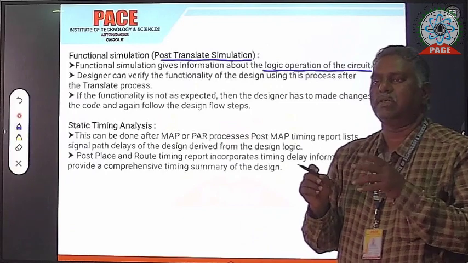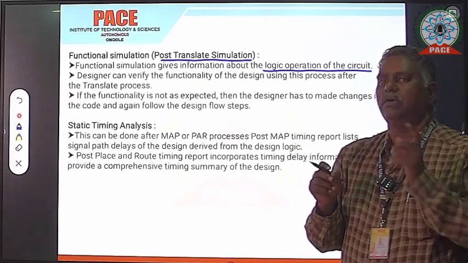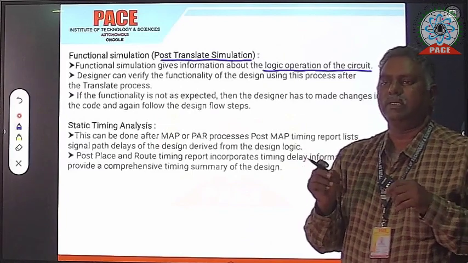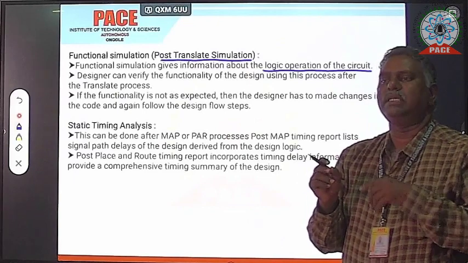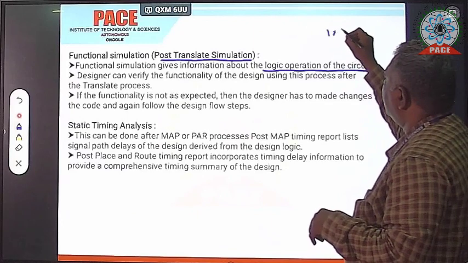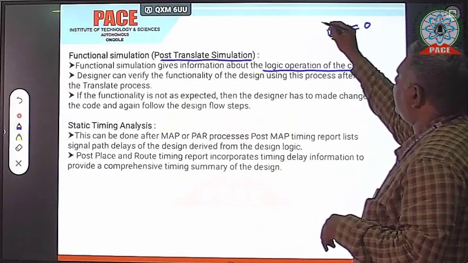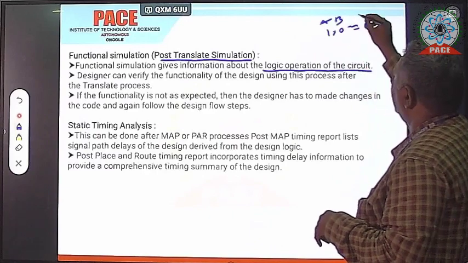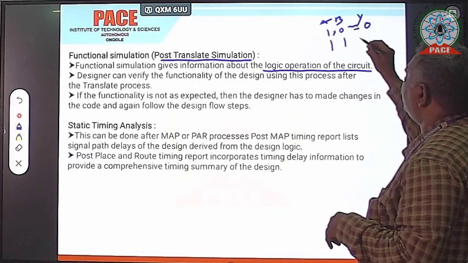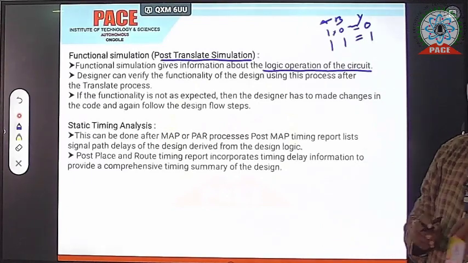So if you take Y equals A and B, we give the inputs. If it is 0 0, Y is 0. If it is 0 1, Y is also 0 because of multiplication. With inputs 1 and 0, again we know it is 0. Similarly, with inputs 1 and 1, we know the output is logic 1 because of multiplication.